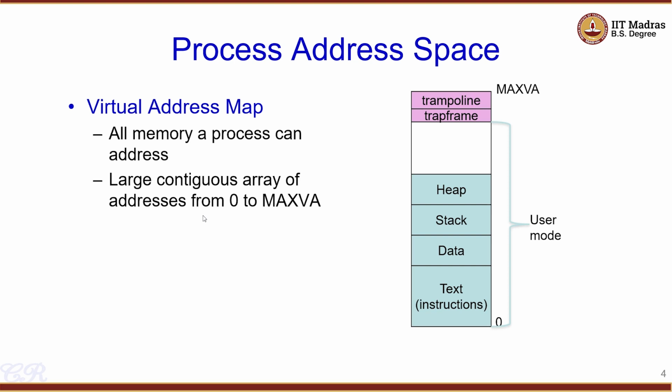As we have seen in the previous videos, a process is identified by a virtual address space, or a virtual address map. This virtual address map is a contiguous range of addresses starting from 0 to some address called max VA, which is the maximum virtual address. In order to create this virtual address space for a particular process, the kernel needs to maintain a hierarchy of page directories and page tables.